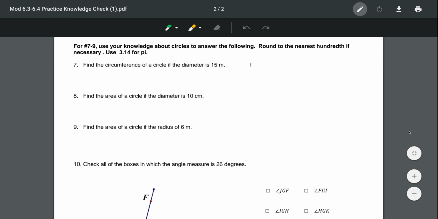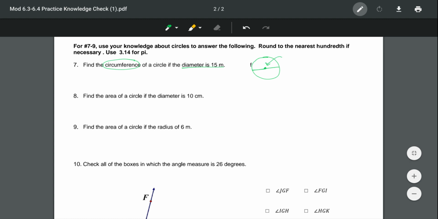So for number 7, it says to find the circumference of a circle that has a diameter of 15 meters. Recall that you can sketch a circle, and a diameter goes through the center from one point on a circle to another point on the circle.